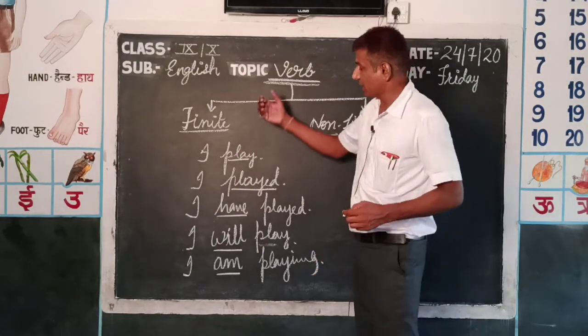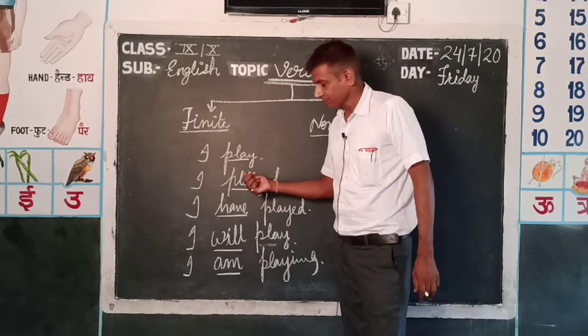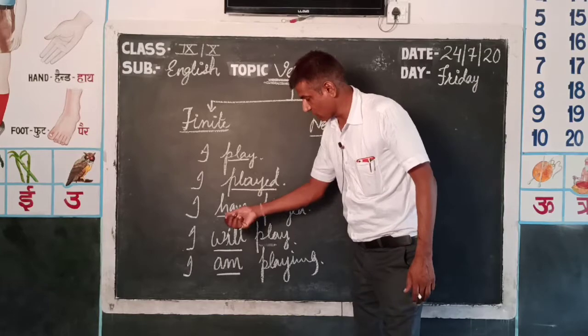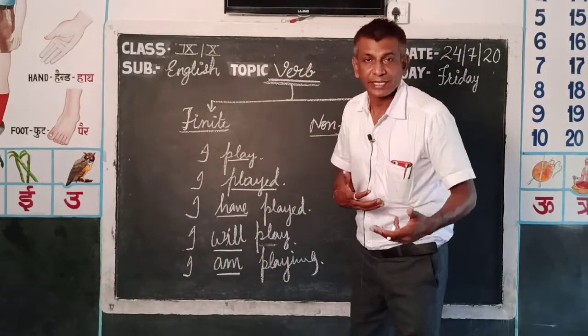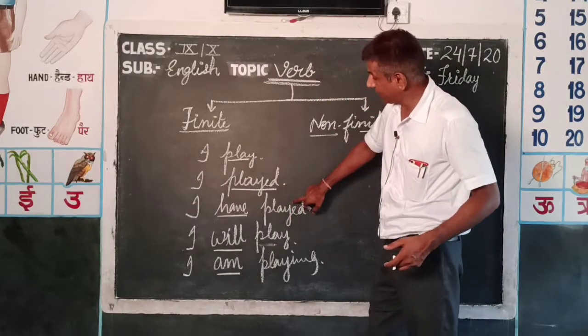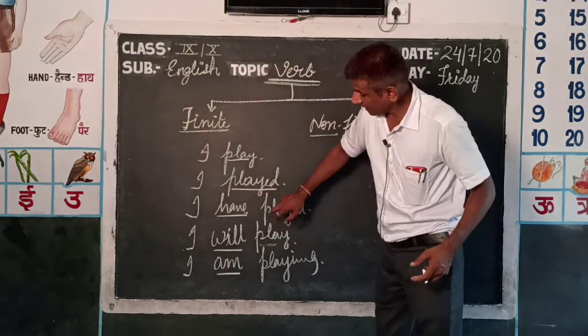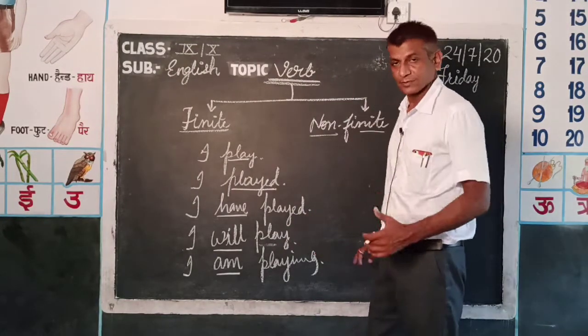So here we have seen a few examples like play, played, have, will, am. These are finite verbs. And now see, here played, play, playing, these are non-finite verbs.